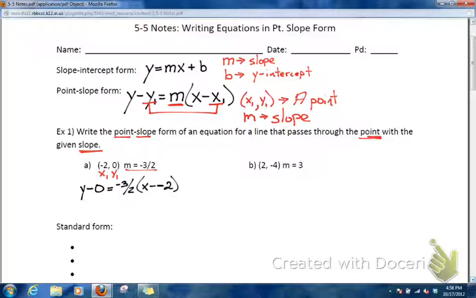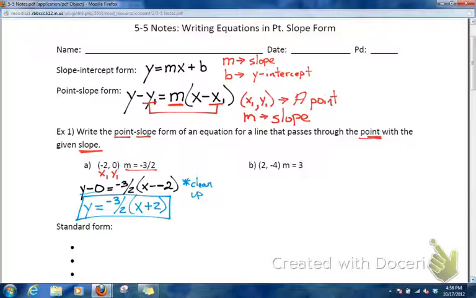Now what you do need to do at this point for these problems, I'm going to put a little star here, is to clean it up. Okay, don't leave it like this, it's kind of messy. For instance, y minus 0 should just be y. So y equals negative 3/2 times the quantity, and then again we know minus and minus turns into plus, so x plus 2. Now, you do not want to go ahead and distribute, because then you're no longer in point-slope form. Point-slope form does have m times the quantity of something in it, so leave your answer just like that.